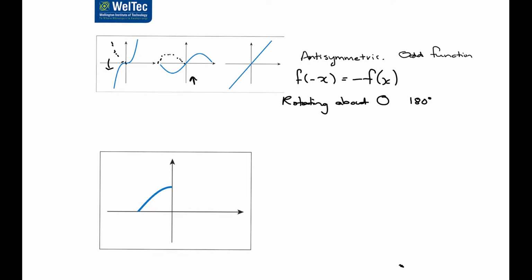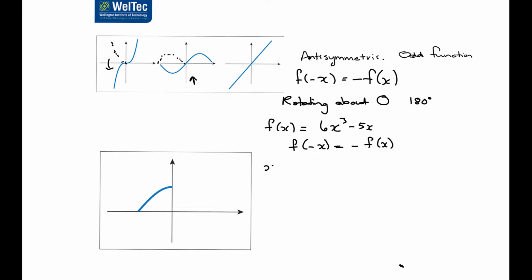So let's have a look at an example. Let's take f of x equals 6x cubed minus 5x. What we're looking for is to see if this is an odd function or an even function. So if it is odd, then putting negative x in will end up as the opposite of putting in x. So let's put in negative x.